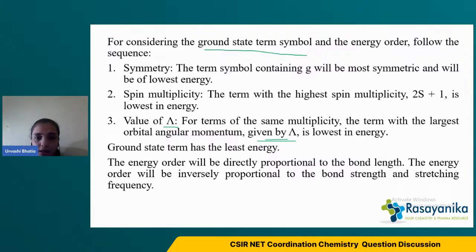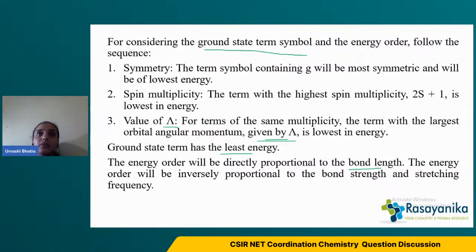I'll read it out again. For terms of the same multiplicity, the term with the largest orbital angular momentum given by this is lowest in energy. Okay. Ground state term has the least energy. The energy order will be directly proportional to the bond length. As the energy increases, bond length also increases, bond strength decreases, bond becomes weak.